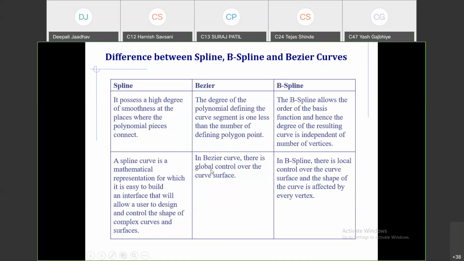In a Bezier curve, there is global control over the curve shape. In a B-spline curve, there is local control over the curve. In the Bezier curve, the shape of the curve is affected by every vertex. If we change one vertex, it changes the shape of the curve. So that is about the differences between the spline, Bezier and B-spline curve.